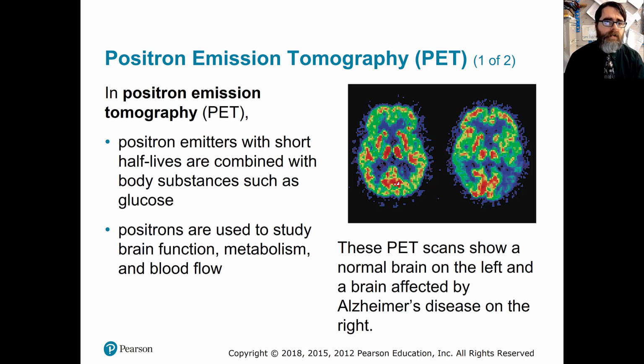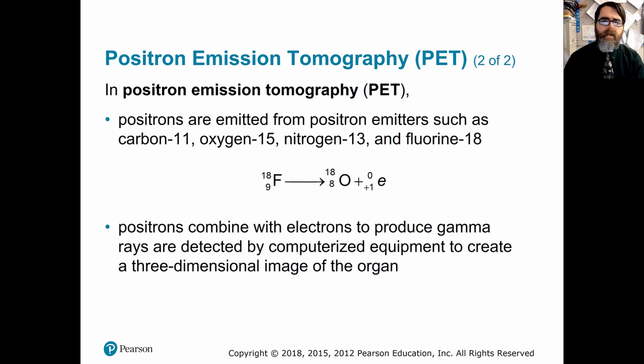Another type of scan that we can do is positron emission tomography. You can already hear in there the positron emission. We are giving off positrons, and so this is a reaction that gives off the antimatter positron particle that's like an electron, and then because of that we can detect that emission, and so it ends up working in places in the body where there is glucose, just the way that it gets incorporated into your body, and you can see here a scan for Alzheimer's there, and there are different positron emitters that can be used.